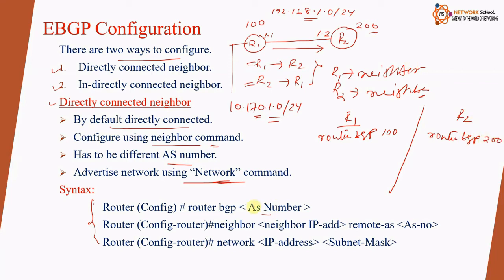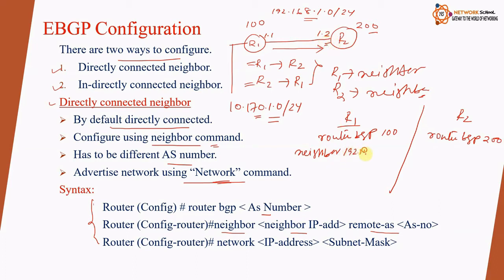Then we use neighbor, the neighbor IP and the remote AS number. The neighbor IP is the IP address of the router with whom we are forming the neighborship. Now we are at R1 forming the neighborship with R2, so the IP address is the interface of R2, which is 1.2.